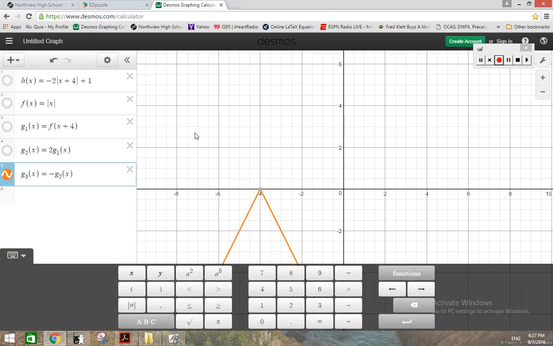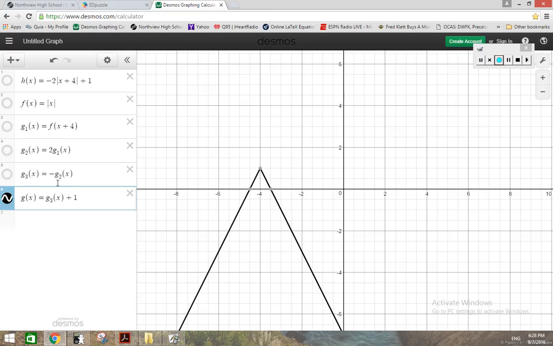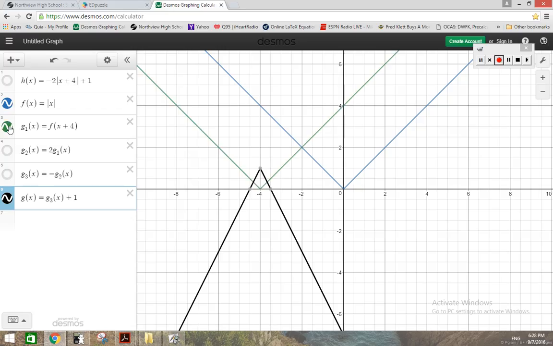And then finally, my final answer is going to take the previous graph and shift it up 1 unit. So it's going to take this graph that I call G3, and it's going to shift it up 1 unit. So the question is, this graph that I arrived at, I started with this absolute value, I shifted it to the left 4 units, I vertically stretched it, I reflected it, and then I lifted it up 1 unit.